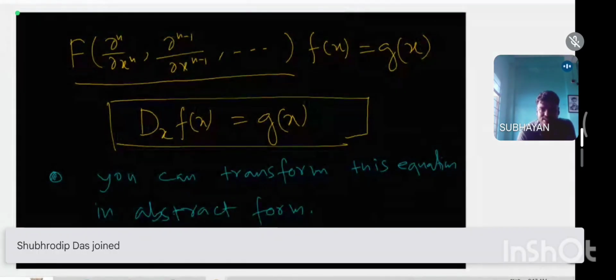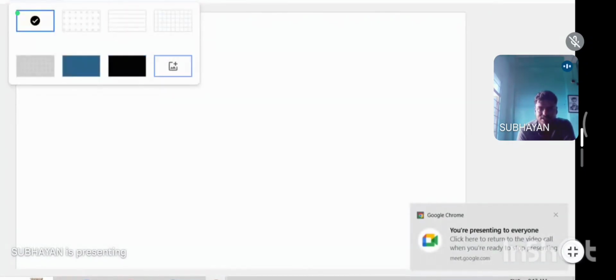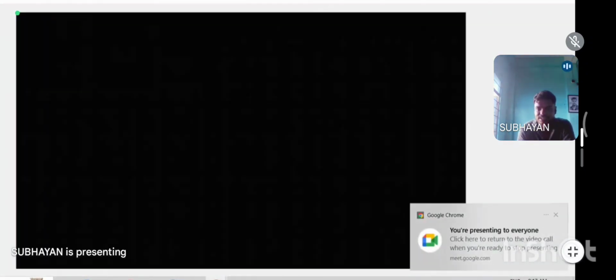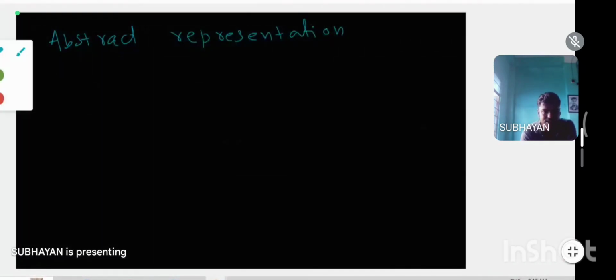Abstract notation is the general notation. Abstract means here general. Abstract representation is the general representation.